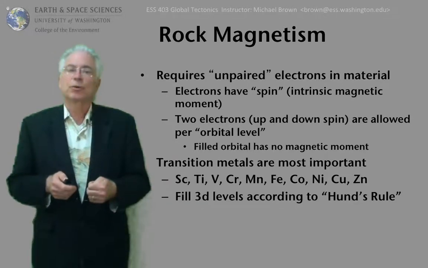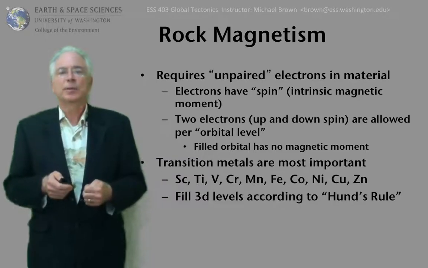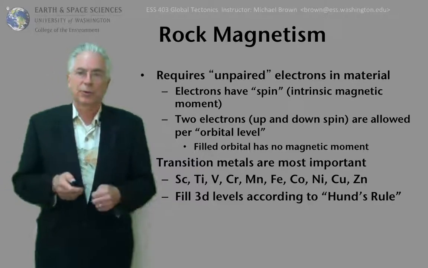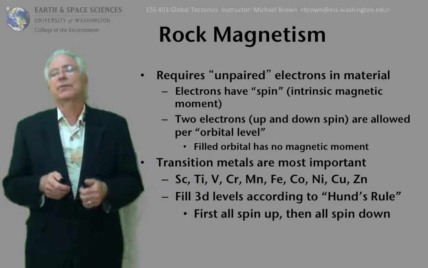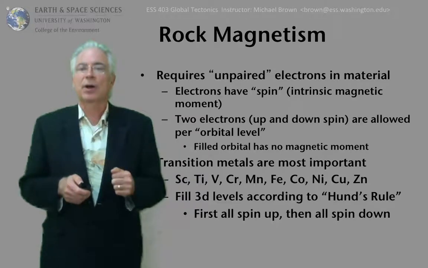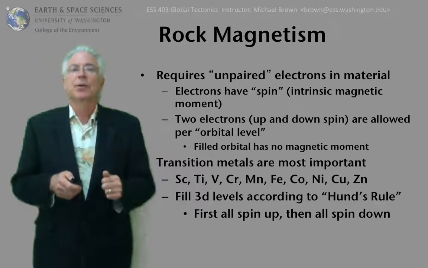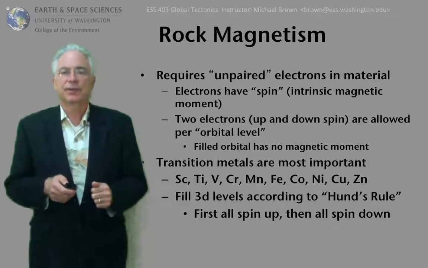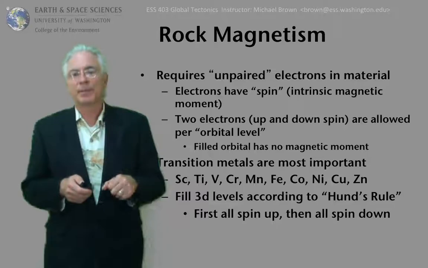What happens as you go across the series is that we fill the 3D orbital levels according to Hund's rule. And what's Hund's rule? Well, Hund's rule is that first you fill each orbital level with a spin-up electron. Then after each orbital has exactly 1 electron, you go back and begin to fill all the orbitals with the second electron in the opposite spin direction.